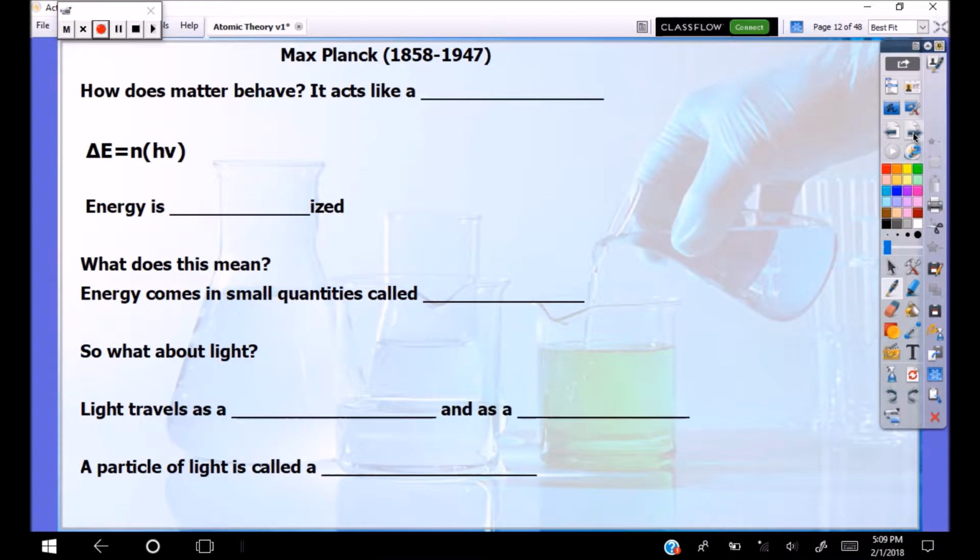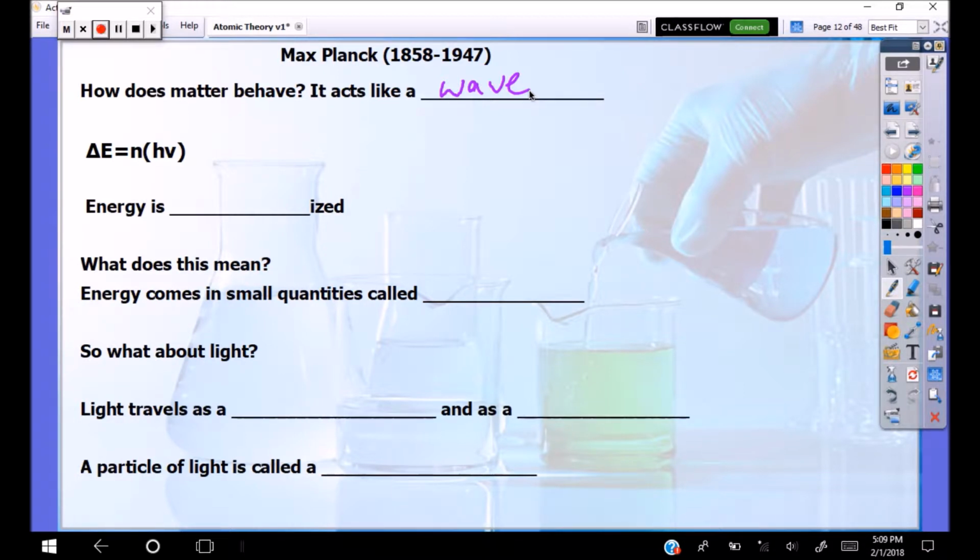So how does matter behave? Matter acts like a wave. When we're talking Max Planck and atomic theory, matter acts like a wave, and because of this, it has wave-like properties.